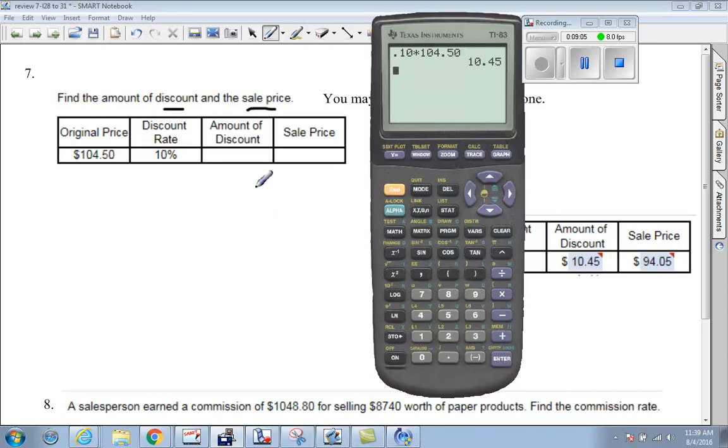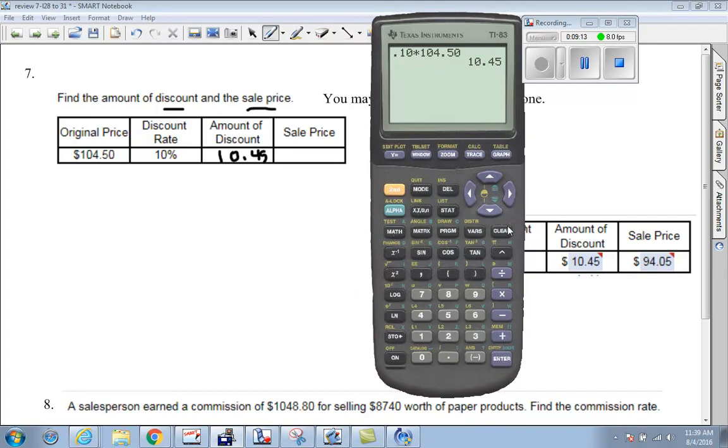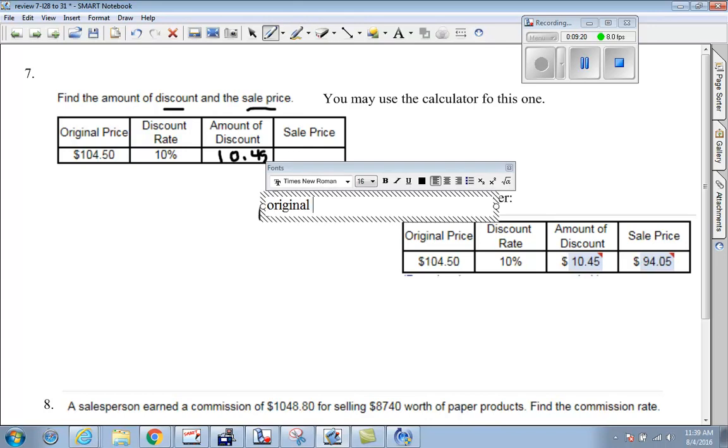So my amount of discount, I'm just going to fill that in, is $10.45. And then my sale price, and I'll just make a little note here, sale price is your original minus your amount of discount.